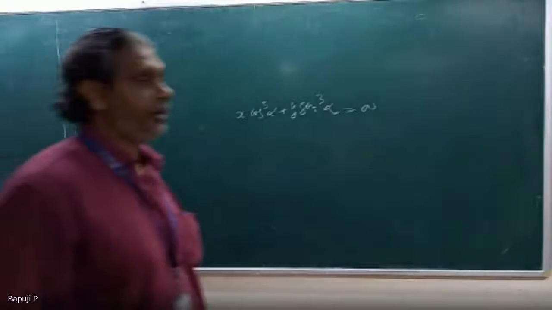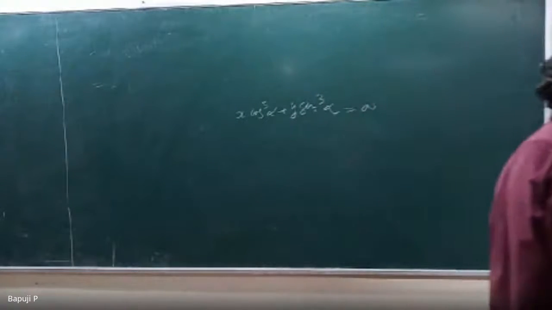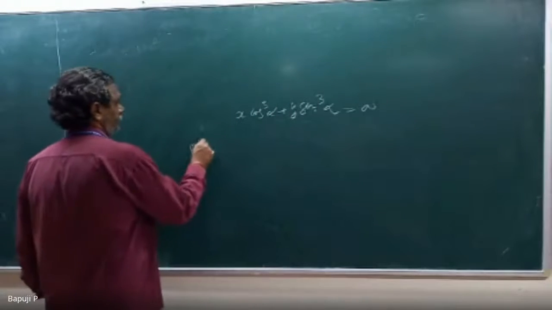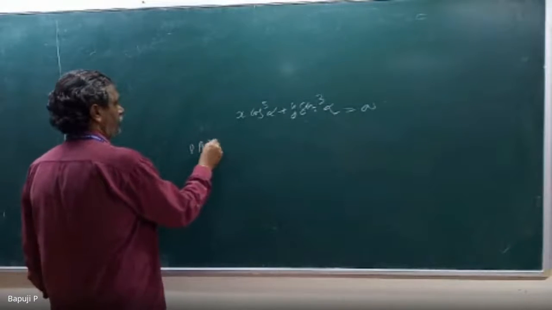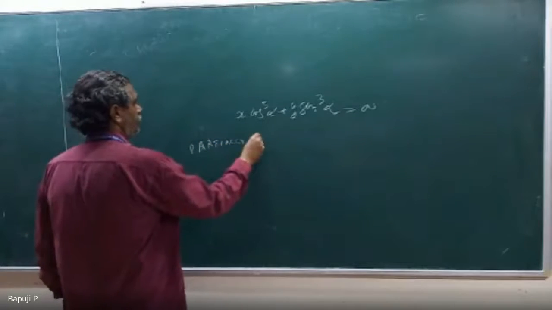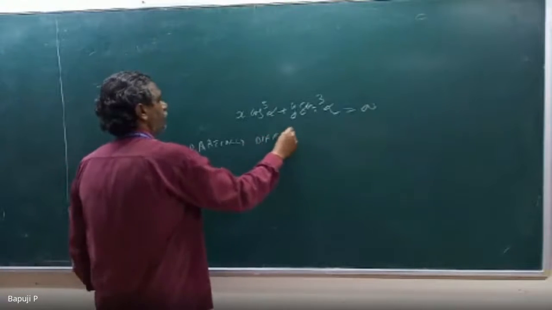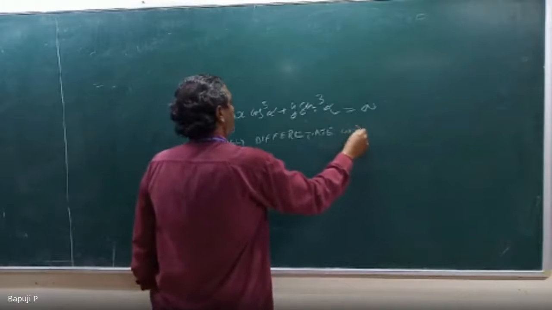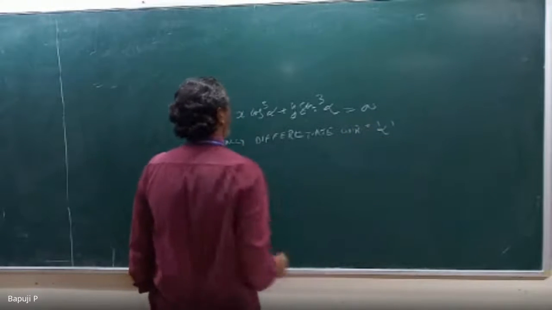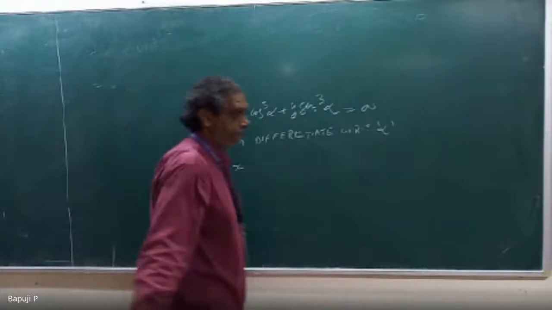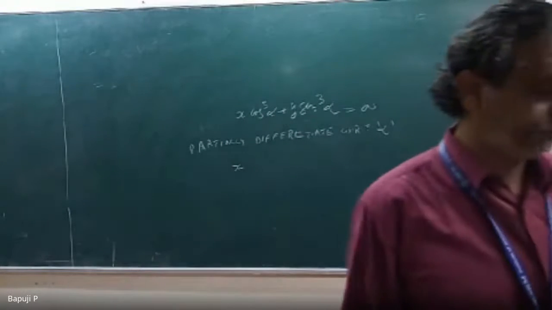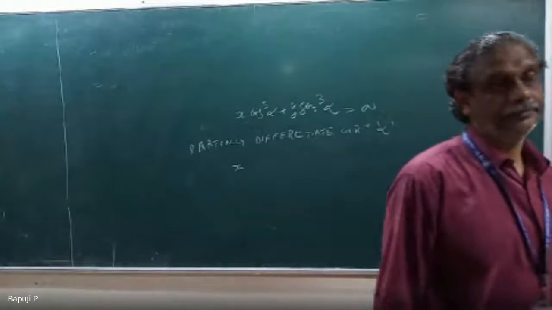Very good question. So I want to differentiate first with respect to alpha. So partially differentiate with respect to alpha. Now cos cube alpha differentiation is what with respect to alpha? What is the differentiation of cos cube alpha? 3 cos square alpha into minus sin alpha.